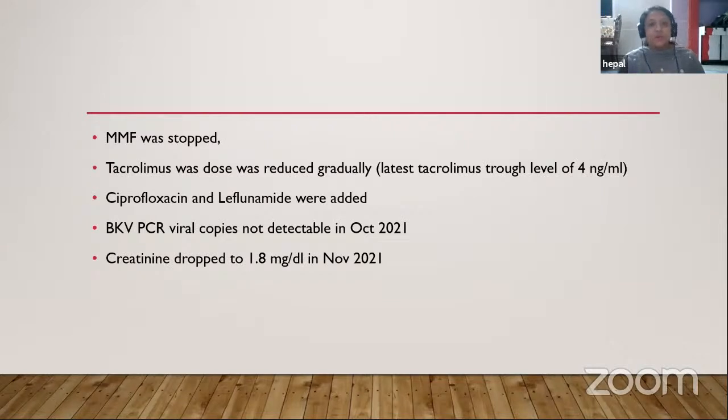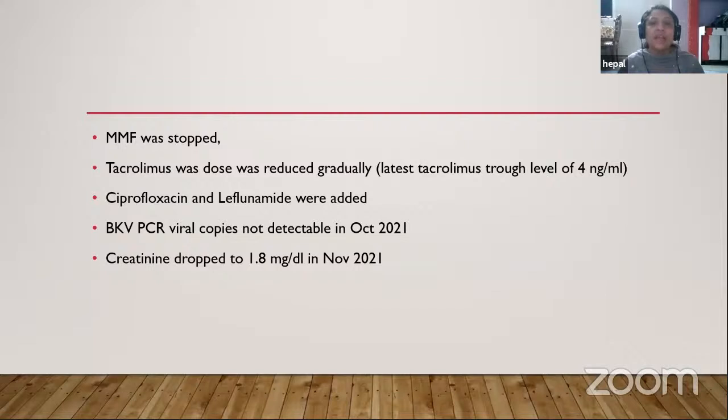So what was done for her? The antimetabolite was completely stopped. The tacrolimus dose was gradually reduced to her last tacrolimus level of 4 nanogram per ml. And ciprofloxacin and leflunomide were added. The BKV PCR viral copies were not detectable 2 months after the initial result, in October 2021.